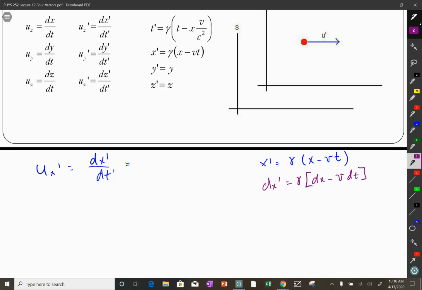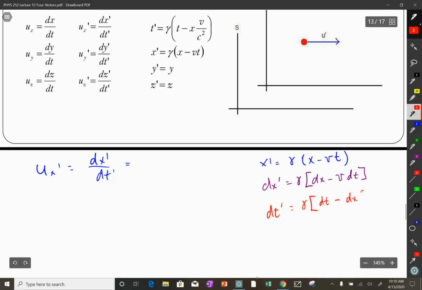And then I'm just going to say, well, if I do the same thing with t, dt prime is equal to gamma times dt minus dx v over c squared. And so if I want to find dx prime over dt prime, I just have to take the division between those.